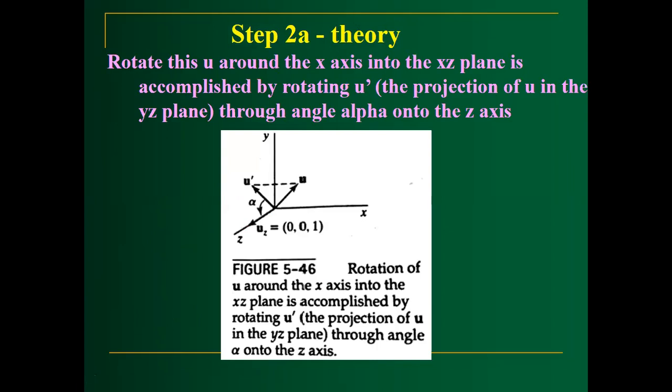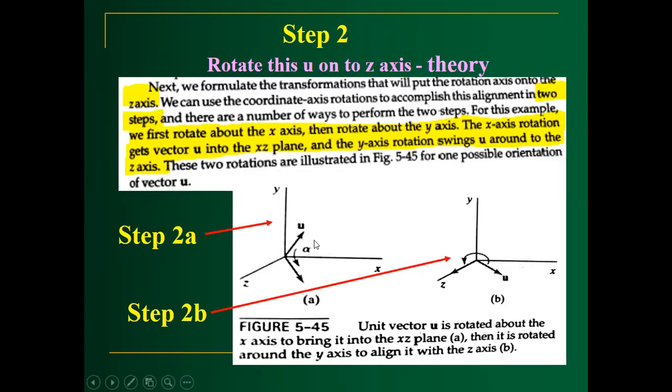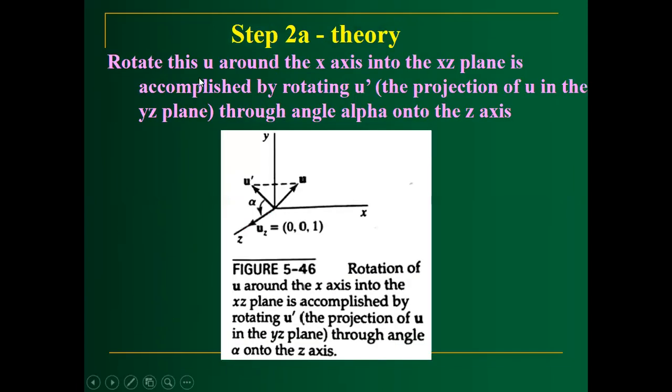Step 2a, what is its theory? Rotate u, the output of step 1, that is the unit vector coinciding at the origin, with the x-axis such that it now comes to the xz plane. Don't confuse this with yz.